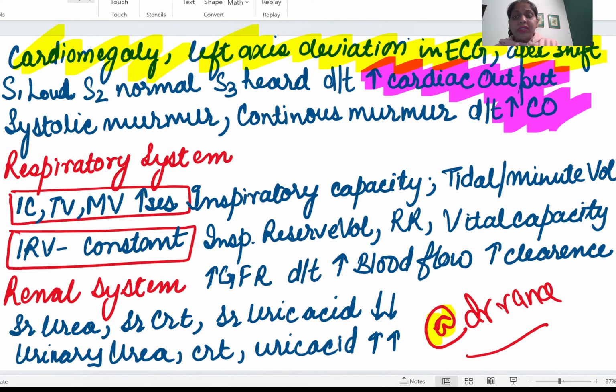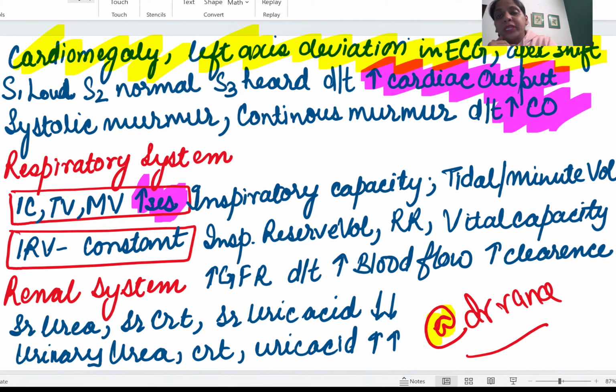Respiratory changes are very complex. This we have to learn only by mnemonic. The mnemonic for the respiratory system, first focusing on the parameters which increase, is ICTV MOVE.